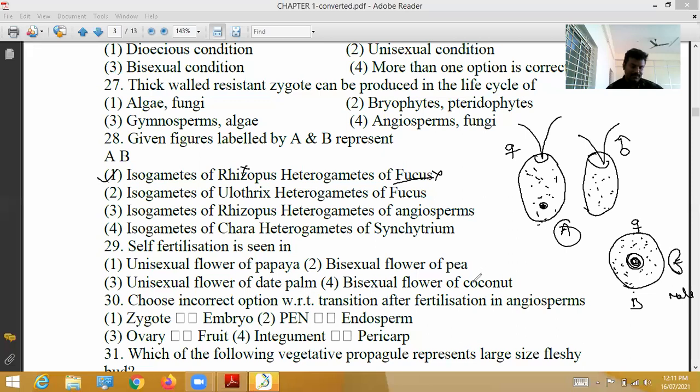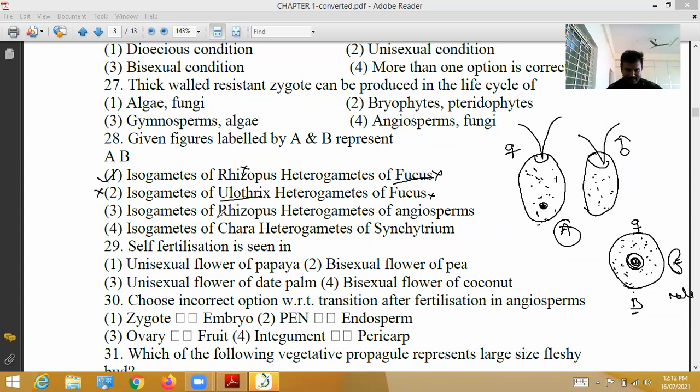Heterogametes of Homo sapiens, not Homo sapiens, it is different organisms like human beings. Option 1 is wrong. Option B, isogametes of Ulothrix. Option A is not isogametes of Ulothrix, so option A is wrong. These are not heterogametes of Fucus. Option 2 is also wrong.